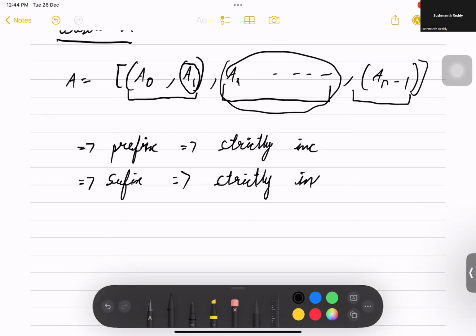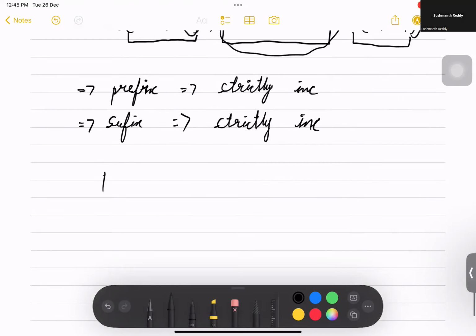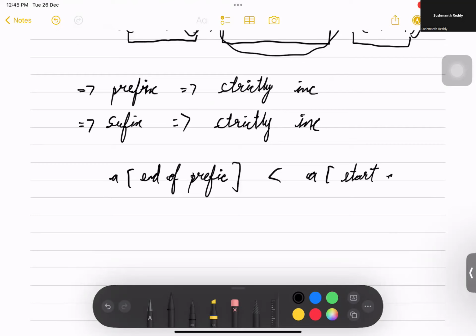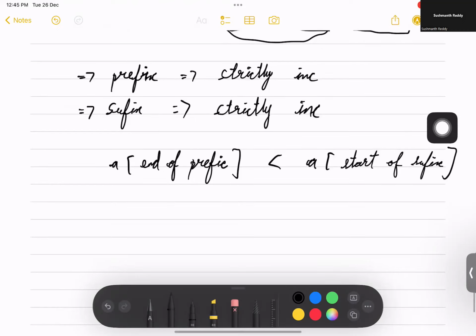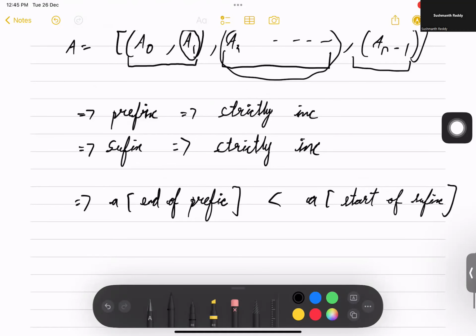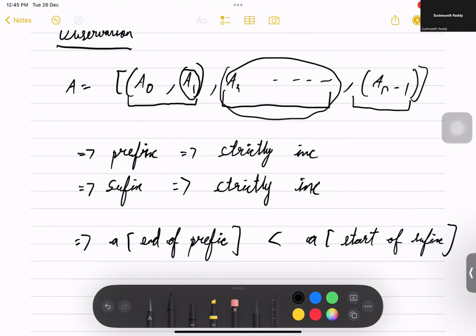And the end of the prefix, a of end of prefix, should be smaller than a of start of suffix, right? So if these three conditions hold, then we can say for sure the given subarray is incremovable.